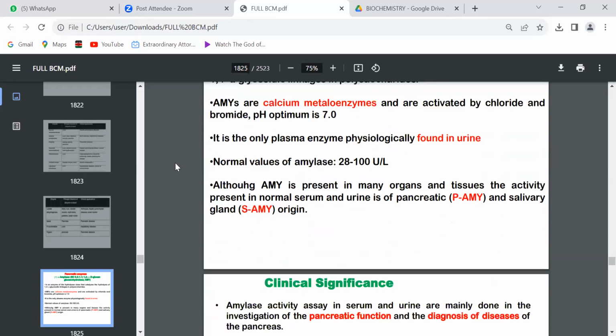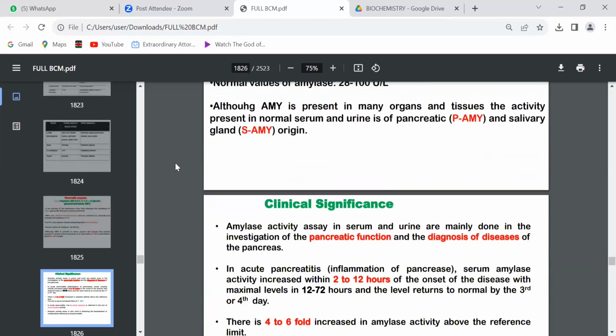So if you assay and you see there is an increase, then of course there would be a problem with the pancreas. You'd have to investigate to see what it is.